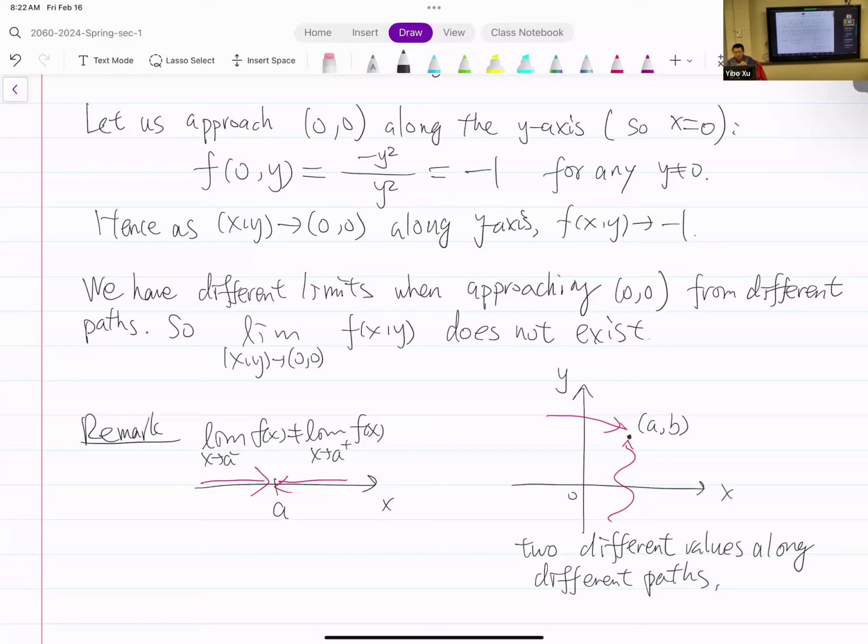So somehow, we need to try a few directions before we conclude that the limit does not exist for a multivariate function.